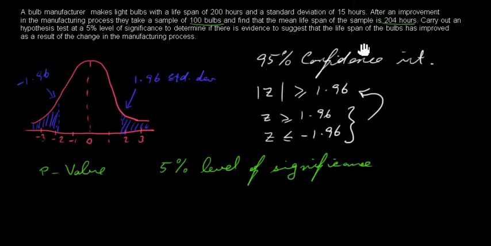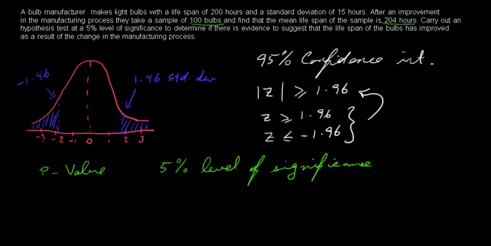It looks like there is an improvement, but is that a genuine improvement, or is it just luck? They're going to carry out a hypothesis test at a 5% level of significance to determine if there is evidence to suggest that the lifespan of the bulbs has improved as a result of the change in the manufacturing process.